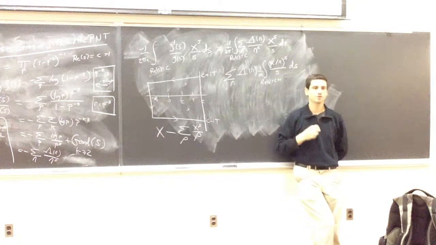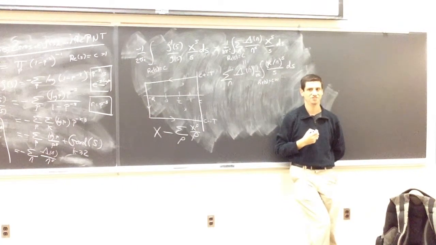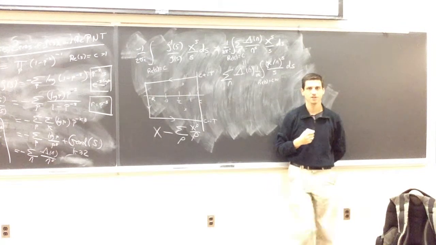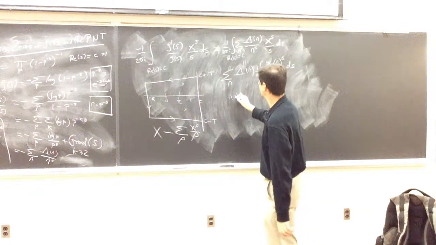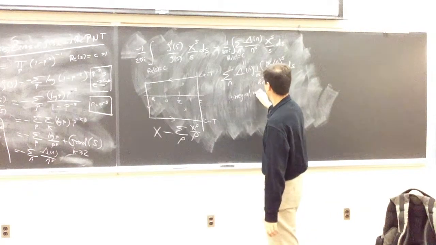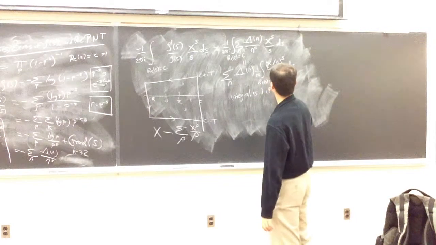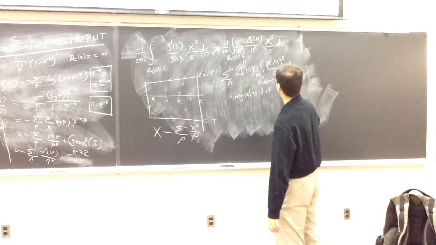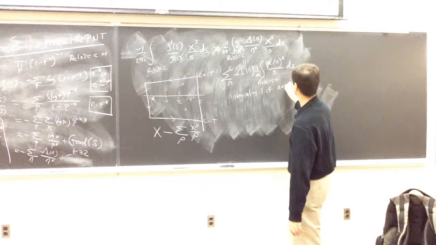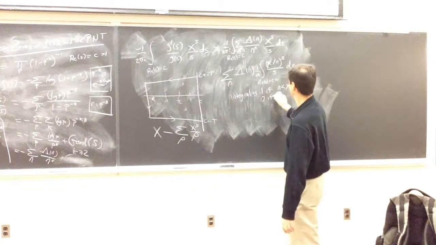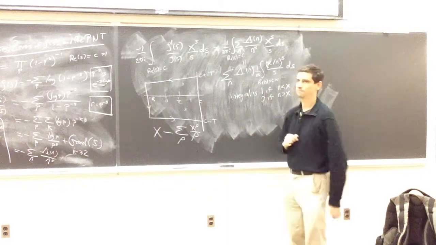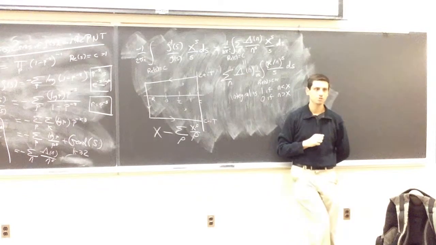This turns out to be an incredibly nice integral. So the integral is 1 if n is less than x, 0 if n is greater than x. If it equals x, I believe it's 1/2.